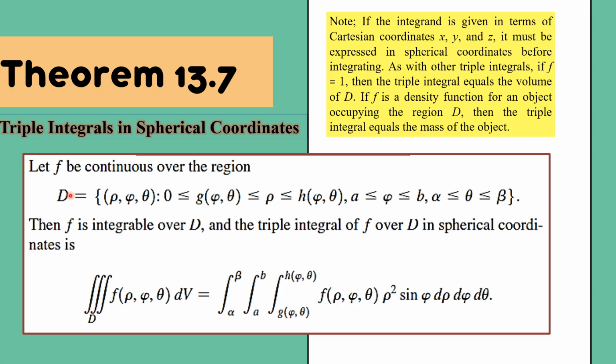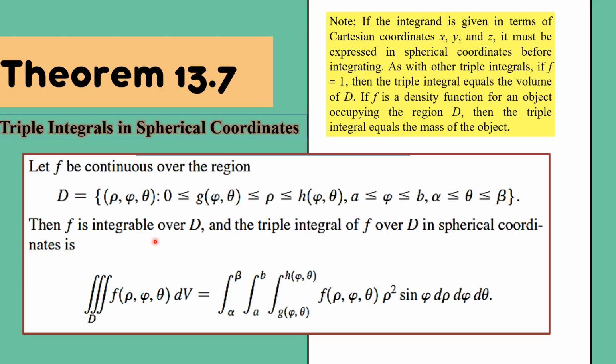It states that, letting f be a continuous function over the region D, where D is a set containing the parameters rho, phi, and theta, rho is bounded between g of phi and theta and h of phi and theta and is greater than or equal to 0. The parameter phi is bounded between a and b, and the parameter theta is bounded from alpha to beta.